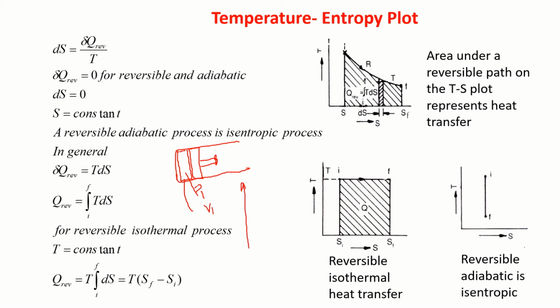So pressure, volume. I know P1, I know V1. Mark this. Move the piston towards the right. Maybe you supply heat reversibly and get the work W. So let us say it will take this state 2.